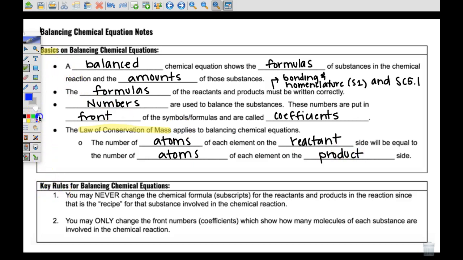So in order to balance, we have two key rules. The first is that you are never changing the chemical formula or the subscripts for the reactants and products. What's written on the paper are set in stone. What that means for us is that we are not adding random single elements.